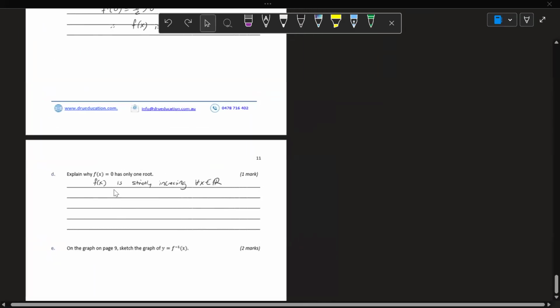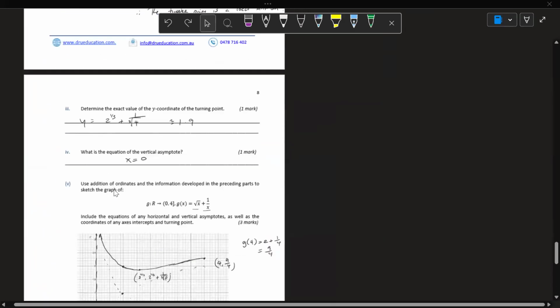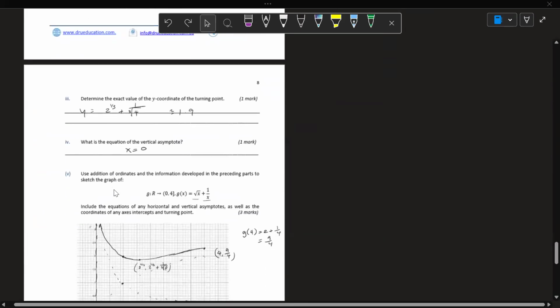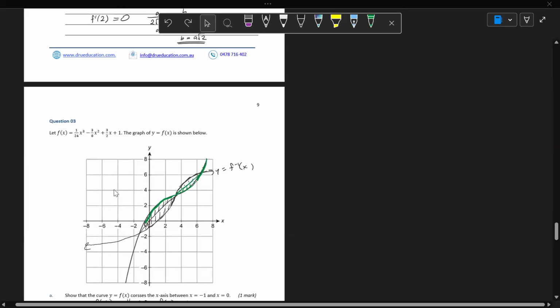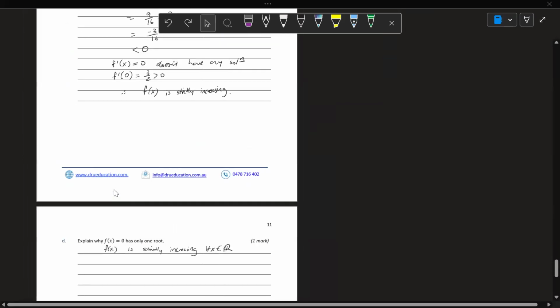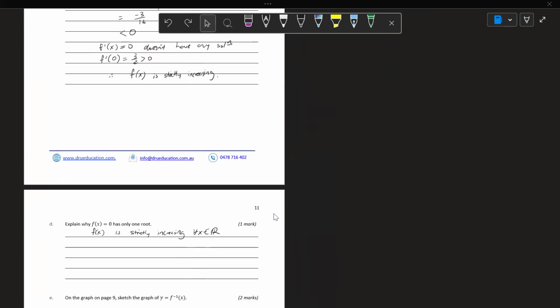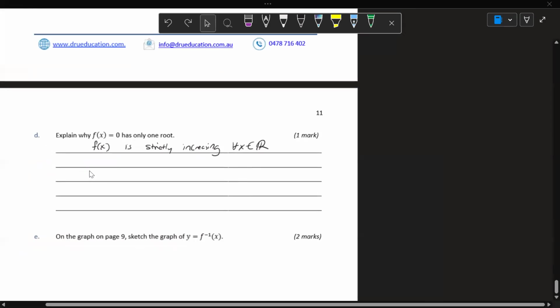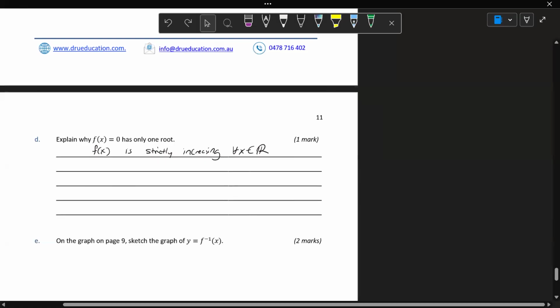Explain why f of x equals 0. Wait, do you mean like 2D or something? No. How we find limits on the CAS. Wait, this one right here, right? F of x equals 0 has only one root. Oh, it's just that.